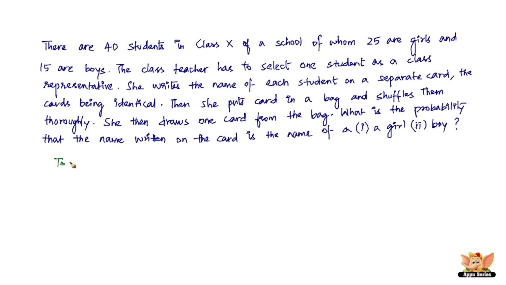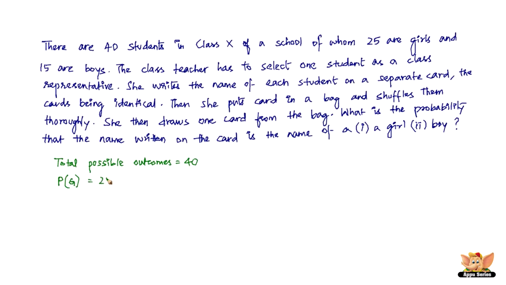It's pretty simple. The total number of possible outcomes equals 40, because there are 40 students here. So the number of outcomes favorable for a card with the name of a girl is 25 out of 40, right? Let P of G represent the probability of a card with the name of a girl.